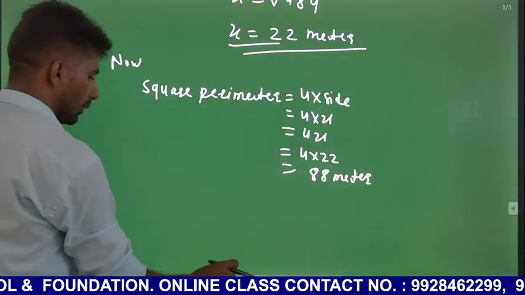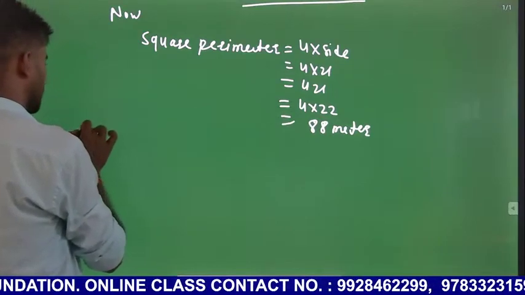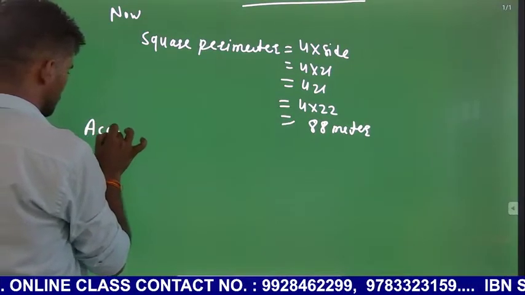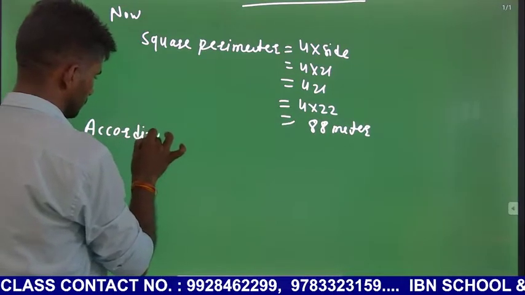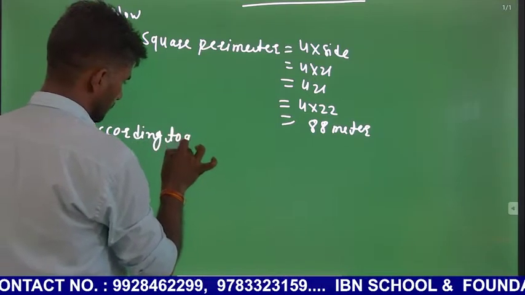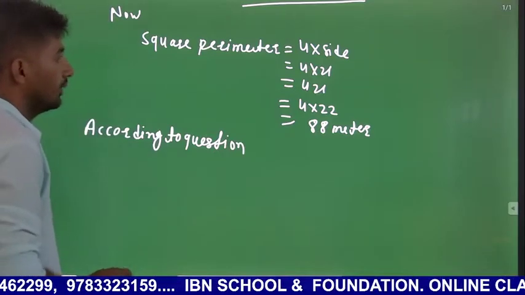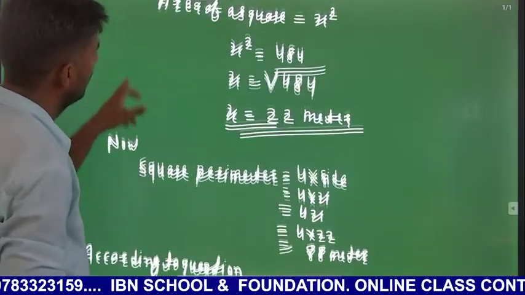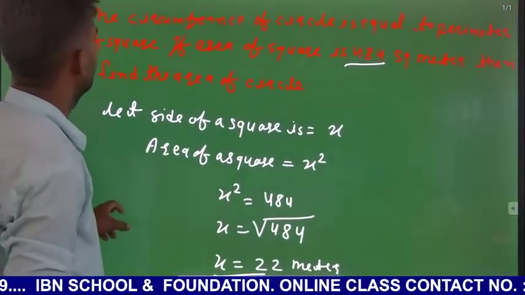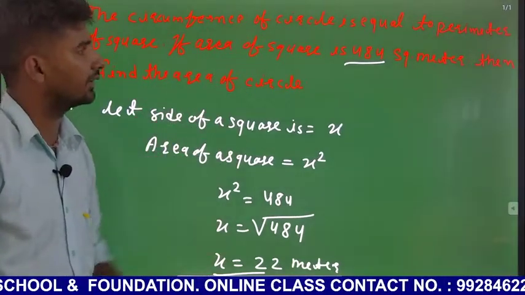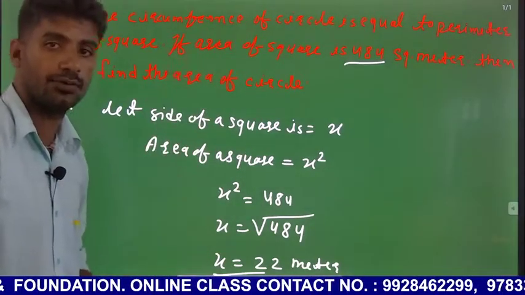Now according to the question, the circumference of a circle is equal to the perimeter of a square.